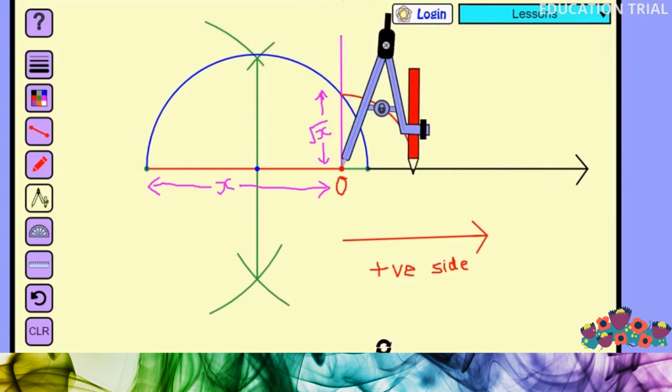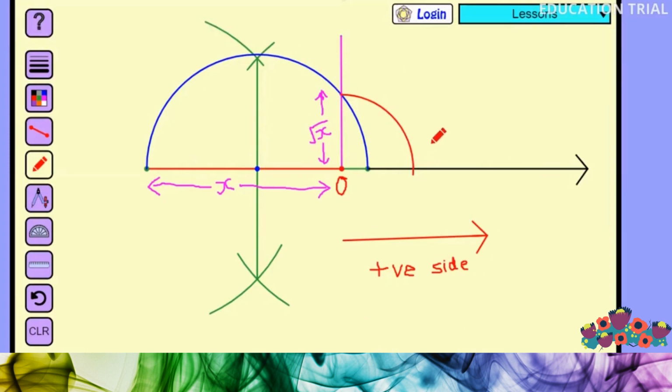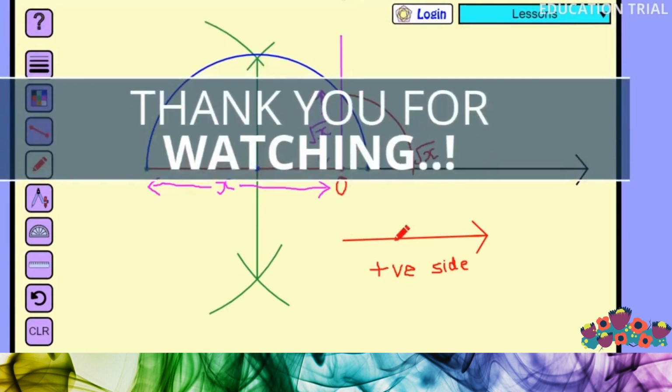So here I have constructed the length, then we have copied the value onto the number line. This intersecting point will be the value of the square root. Here I can mark the value. Same way, towards the left side you can mark the negative value. Here is 0. Towards the right side, this is the positive side of the number line.